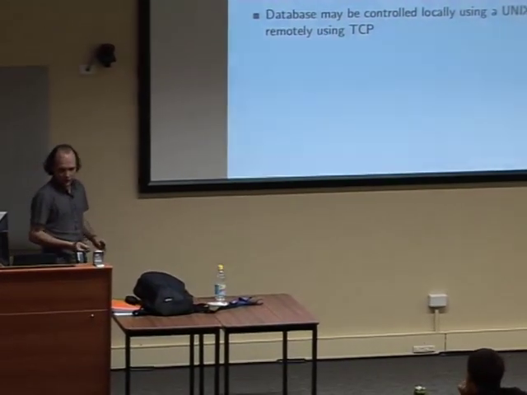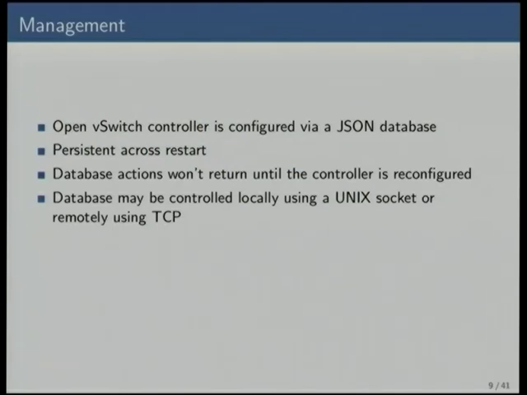Okay. So how do we manage this thing? It's important to be able to configure things, otherwise we have no control over what they're doing. So it's configured by a JSON database. The fact that it's JSON isn't particularly remarkable, but the rest of it is kind of interesting. It's persistent across restarts.